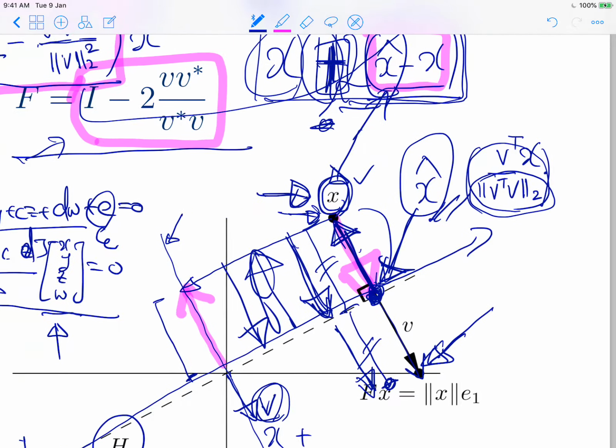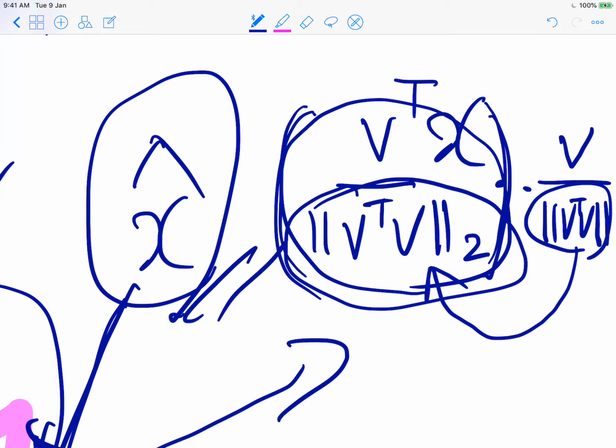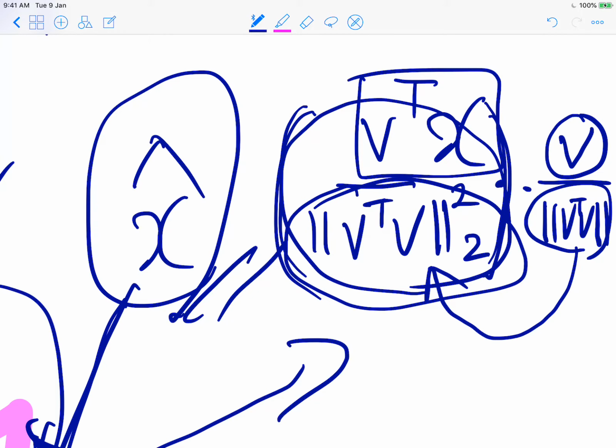Once we obtain this scalar, the length part, we can simply multiply that vector. This guy is a scalar and this guy is a vector, so we can move it to this part.